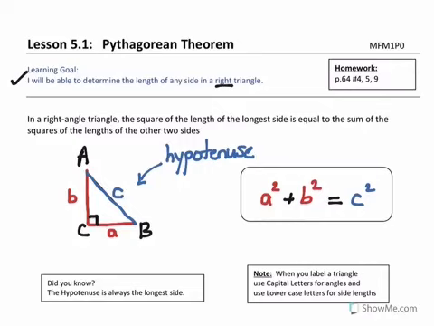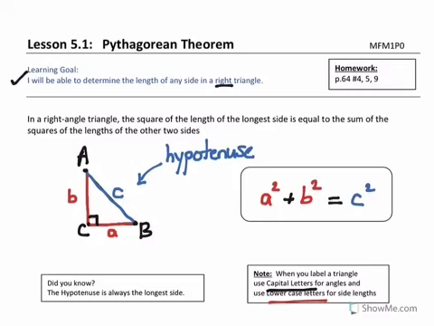Okay, now what I'm going to do is show you how to label all the letters on this triangle. So we use capital letters to label the corners. Any of the corners we usually call by capital letters, and you'll see that I did that in black. So capital A, capital B, and capital C. Now when you want to label any of the side lengths, we use lowercase letters.